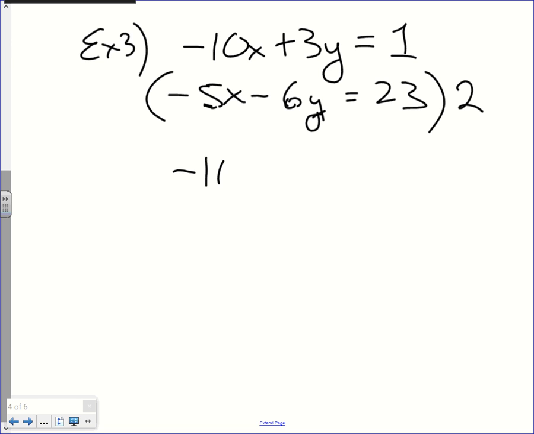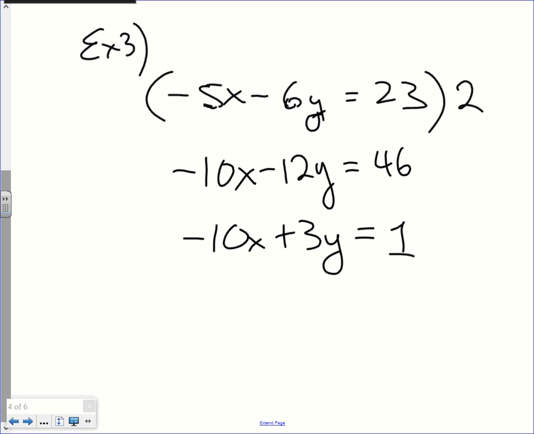Negative 10x. 2 times a negative 6 is a negative 12y. 2 times a 23 is a 46. Look what I got now. Do we have the same coefficients now? Yes, we do. Okay, let me bring down this first equation.